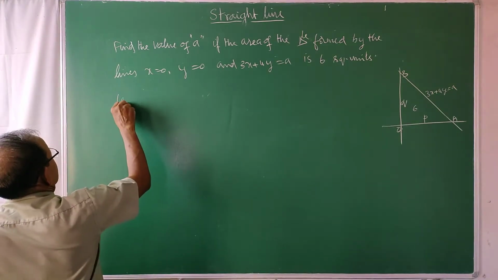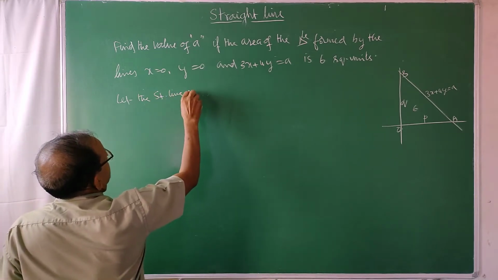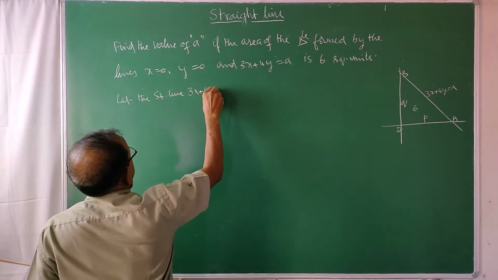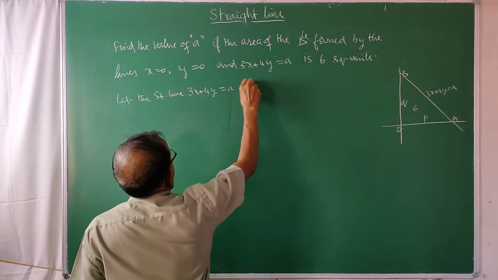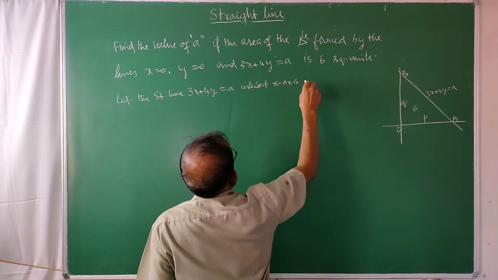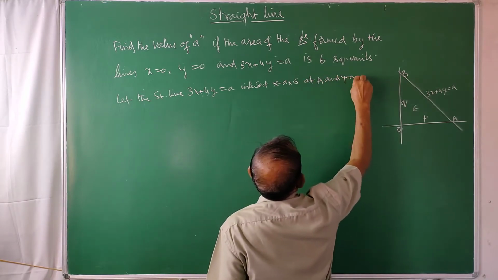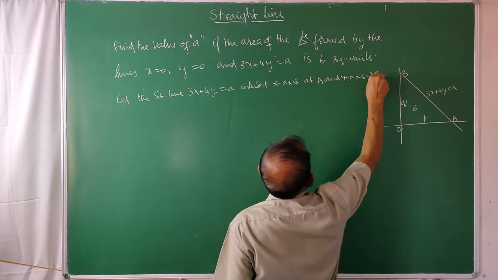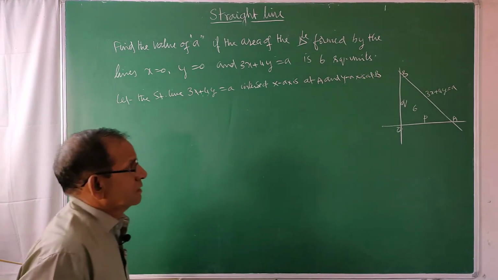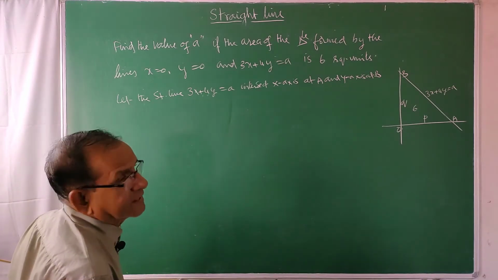Let the straight line 3x plus 4y is equal to A intersect the x-axis at A and the y-axis at B. Let us take OA as small p and OB as small q.